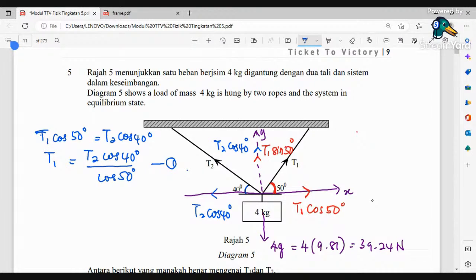Now the vertical components balance. T1 sin 50 plus T2 sin 40 equals 39.24. Okay, let's check.